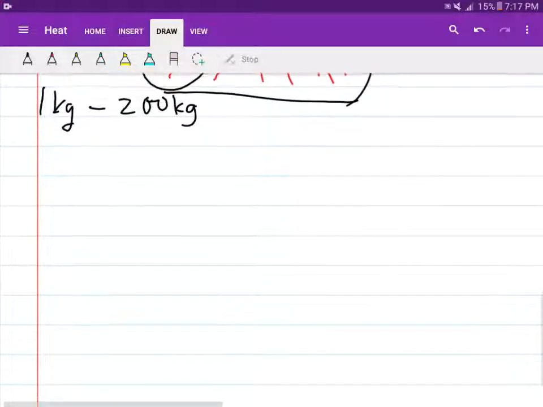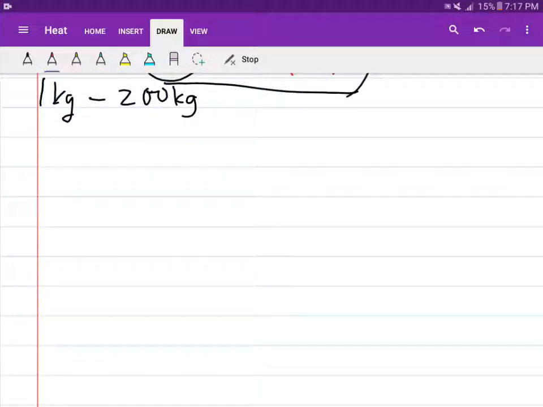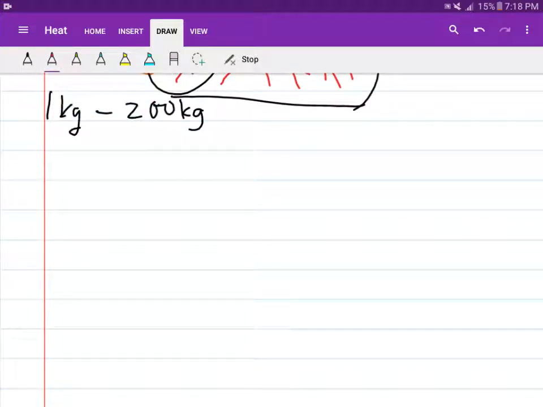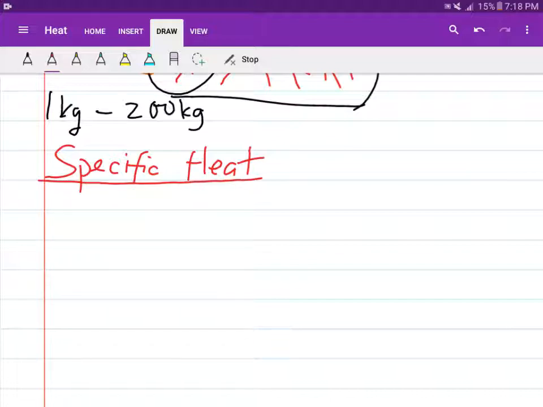So what physicists did was they assigned a quantity that is independent of the amount of matter of this wire. So they called it specific heat, or also it's called specific heat capacity, or let's just call it specific heat. So specific heat is simply the heat capacity, capital C, per mass.